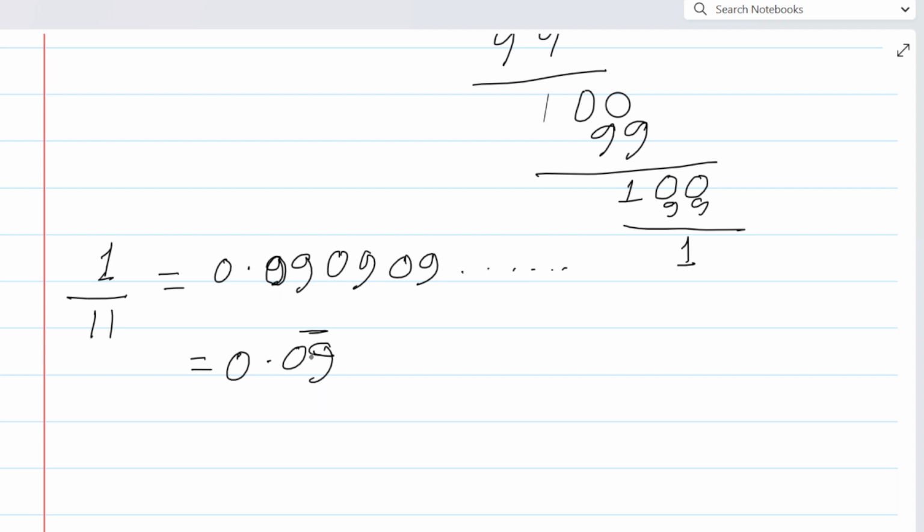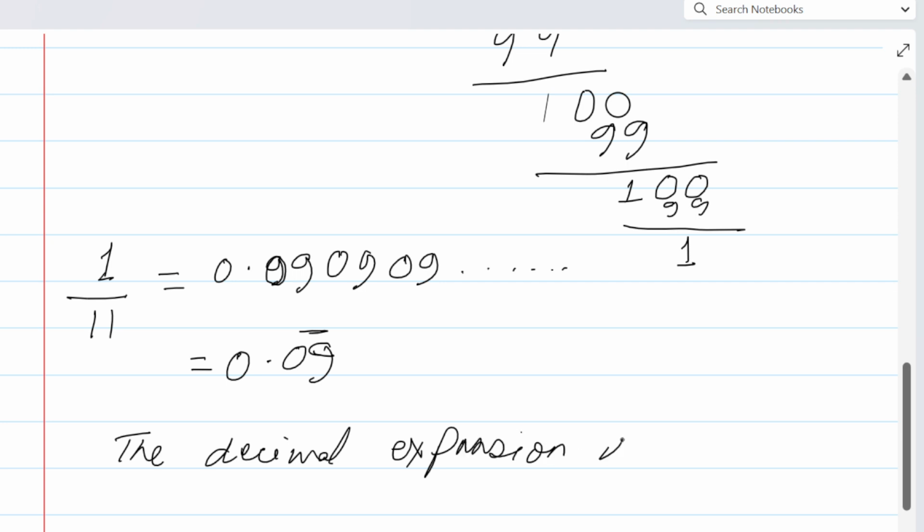Okay, so decimal expansion. What about the decimal expansion? See, when I divide these two, I'm getting a decimal expansion, and this decimal expansion is non-terminating because it is not ending. So the decimal expansion is non-terminating and repeating.